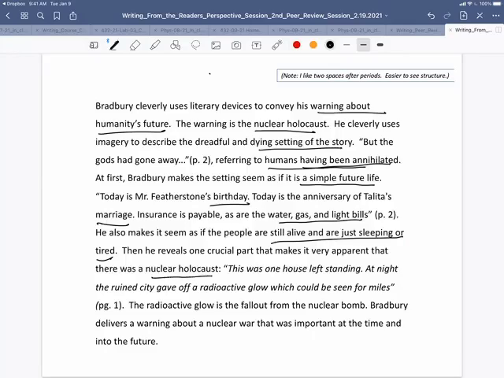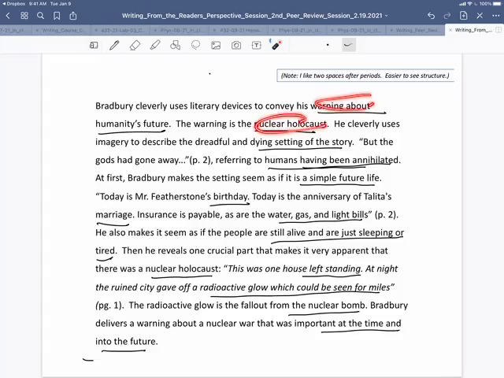You get a stress position before a colon, especially when a sentence follows, and this is a quote here. So we have house left standing, radioactive glow, which could be seen for miles, nuclear bomb, and important at the time and into the future. So the stress positions tell a story about warning, holocaust, dying setting, annihilation.